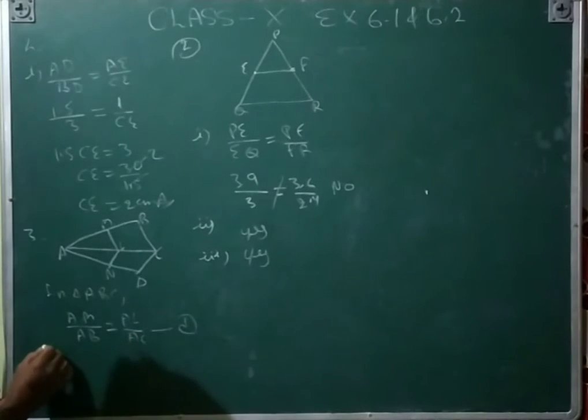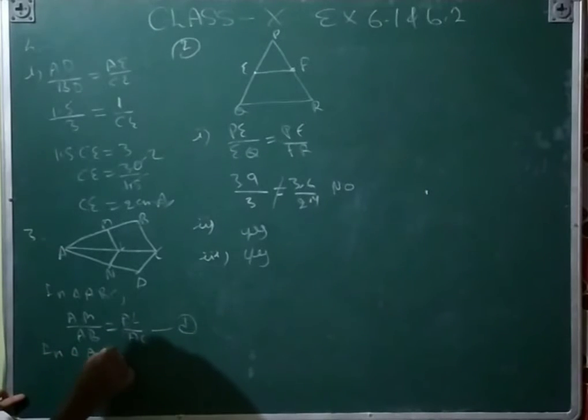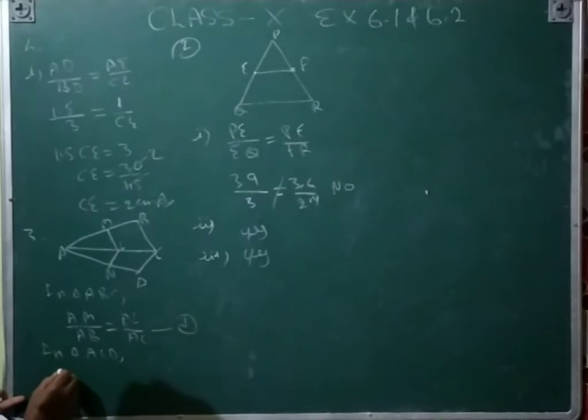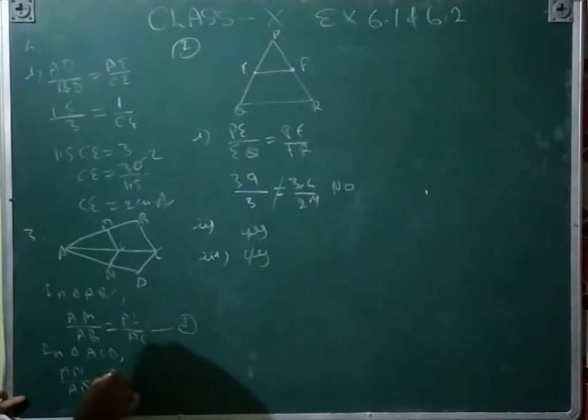First equation. Now in triangle ACD, AN upon AD is equal to AL upon AC.